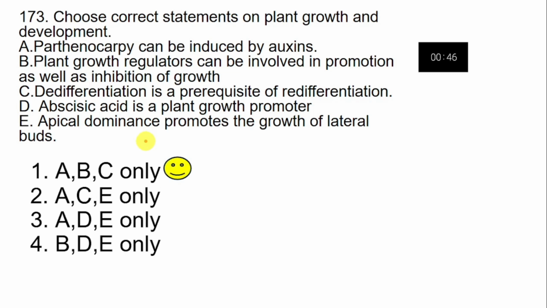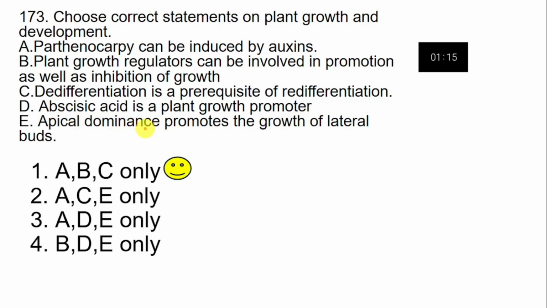C is dedifferentiation is a prerequisite of redifferentiation. Yes. When the cell from zygote forms different specialized cells, that process is called differentiation. So it will have to again dedifferentiate and then redifferentiate to form a different organ, different cell type. So this is also correct. C is correct. D is abscisic acid is a plant growth promoter.